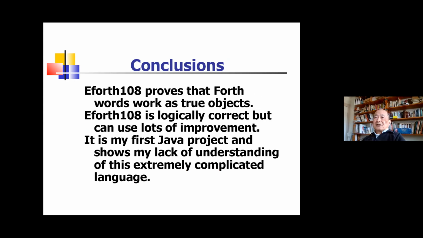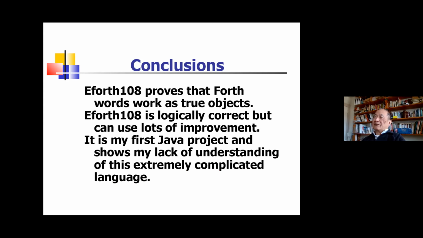Okay, the conclusion: eForth 108 proves that Forth works as true objects, and doesn't have to be the fake object in jeForth. So eForth 108 is logically correct, but it can use lots of improvement. I'm just working at the level of my understanding of Java to implement it.